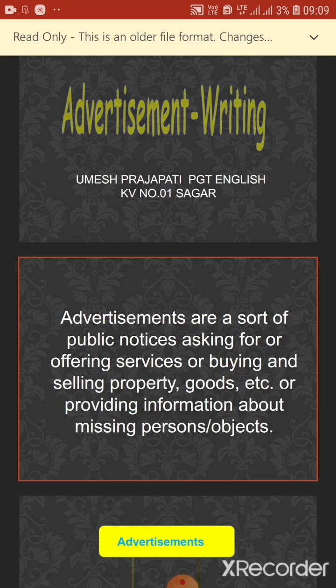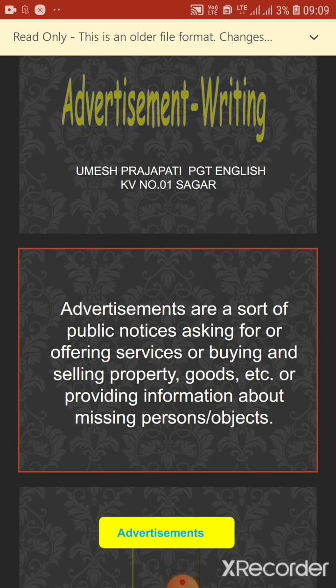An advertisement may be displayed on a placard as well. It is a non-personal, oral, or visual message regarding a product, a service, or an idea.